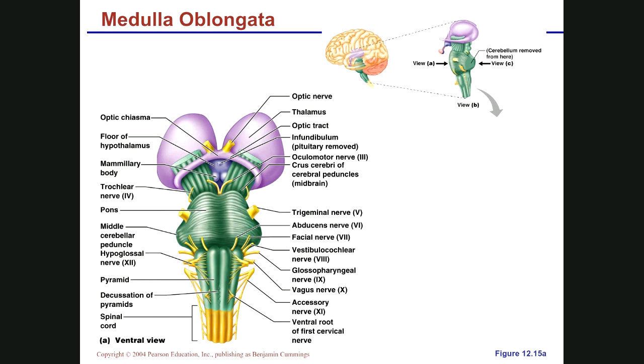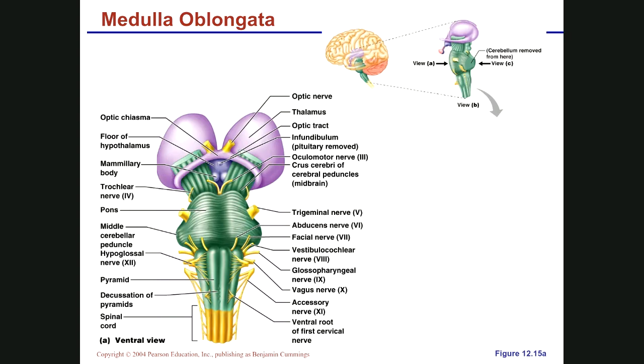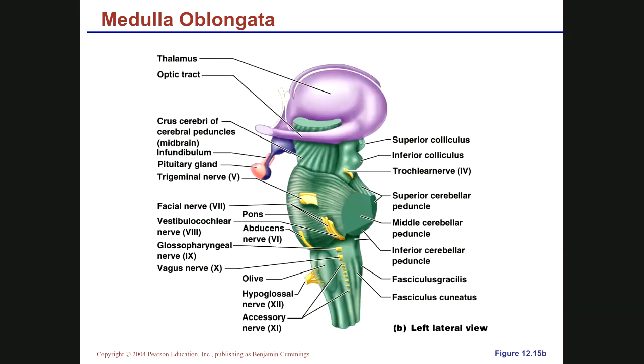Another pair of things that we see here that are very obvious are called olives. So remember, it takes 3 neurons to go to where we're going if we're on the dorsal columns or the spinothalamics. Well, the second order neurons start here for the dorsal columns. And so when we look at them from the side, you can see the olive. Now, someone thought they look like olives.